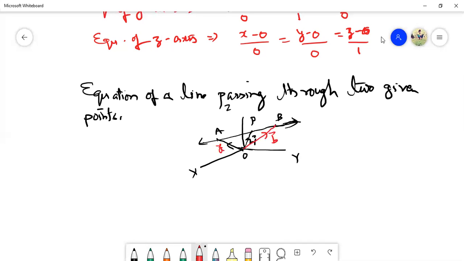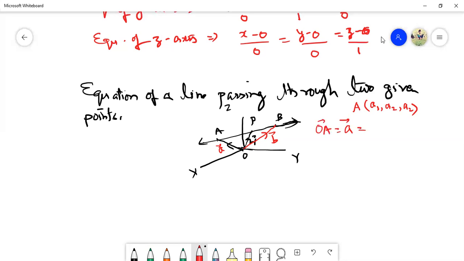So only 2 points are given. Suppose the coordinates of the points are A1, A2, A3. Then we can write the vector a. Vector a or vector OA is the same thing.